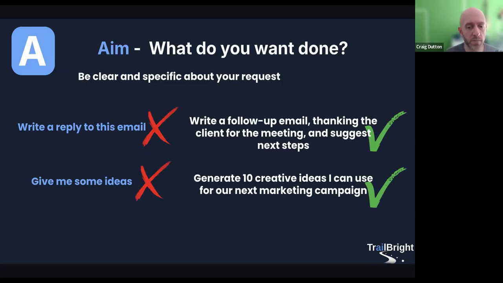Be more specific: write a follow-up email thanking the client for the meeting and suggest next steps. Give me some ideas is, again, quite generic, and it's not going to give you what you want. More specific: generate 10 creative ideas I can use for our next marketing campaign. If you get more specific about what you want, you're going to get a better result.